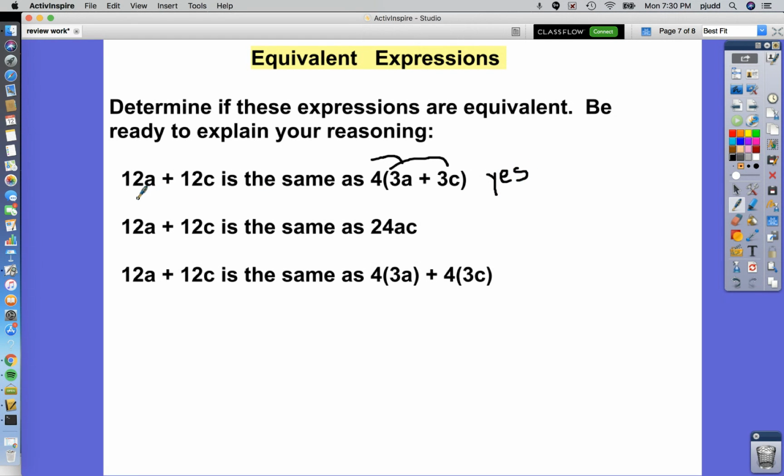And they're the same because in this expression here, the 4 has already been distributed. I can pull out a factor of 4 times 3, which gives me this here.